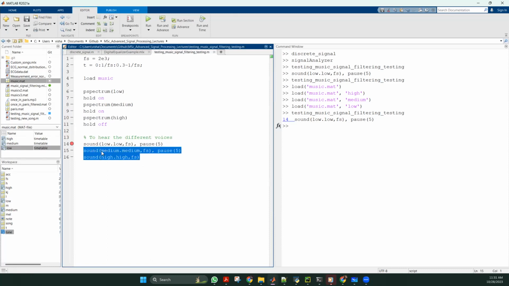So I will comment these two. Basically, the first sound command gives the sound of the low pass filtered signal. So only the low frequency components of the song will be heard, right?